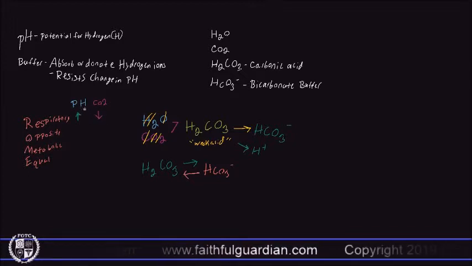That's because the higher you get on the pH scale, the more alkalotic you are. Now, CO2 is an acid, so as my acids increase, my pH is going to go down. So this is what is meant by respiratory opposite. The more carbon dioxide I have, the lower my pH, because CO2 equals an acid.